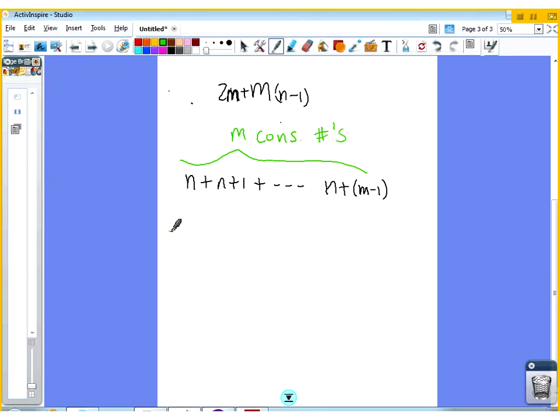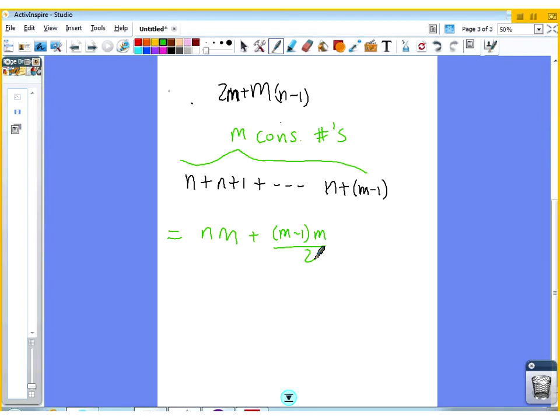And it's not that hard to add this up because this is n times m, because each one has an n in it, so you have mn. And then this one doesn't have a number after it, so you have 1 all the way to m minus 1. You have Gauss's sum formula, which says that this is m minus 1 times m over 2. Right?